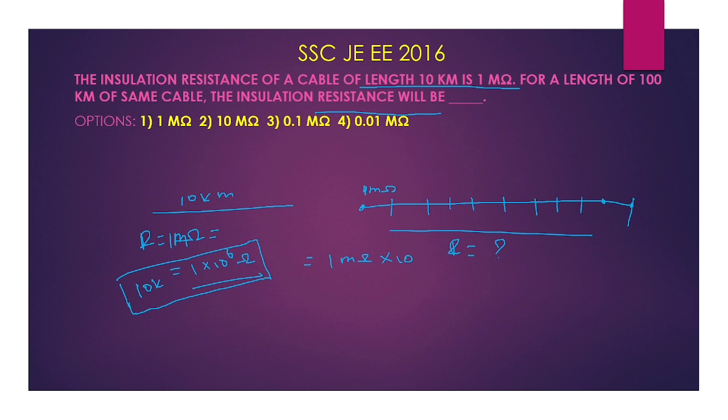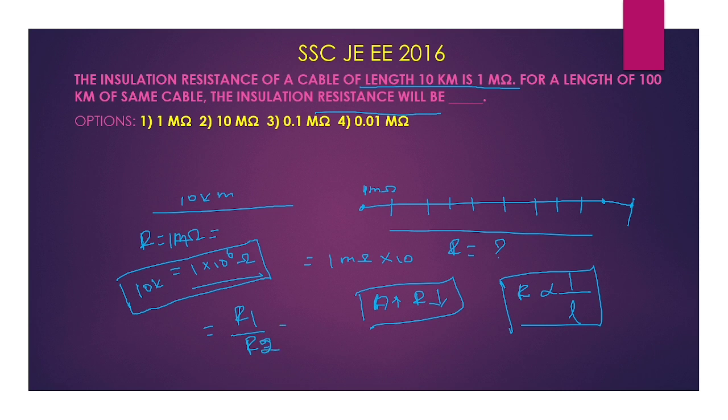We know that when the area is increased, the resistance decreases. This is the concept: insulation resistance is inversely proportional to length. By applying this concept, we can find that R1 by R2 is equal to L2 by L1.